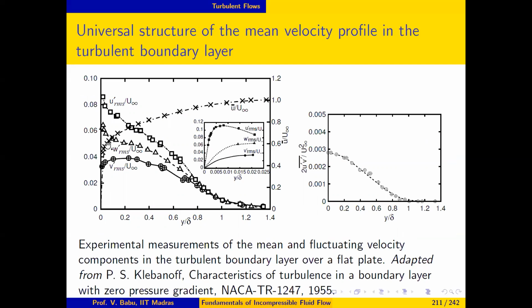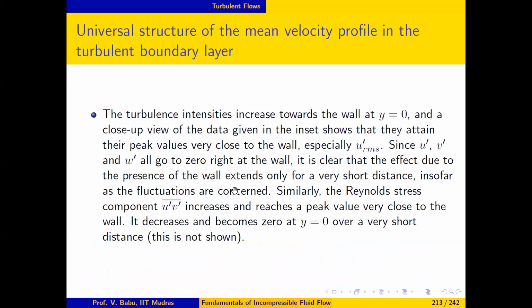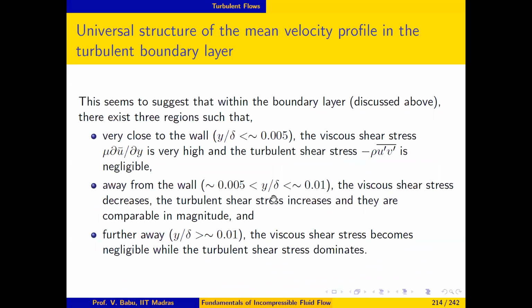So the viscous shear stress, which was very high, begins to decrease. Turbulent shear stress, which was low, begins to increase. So they become comparable in magnitude in this region.